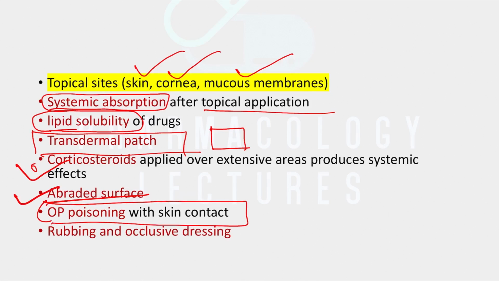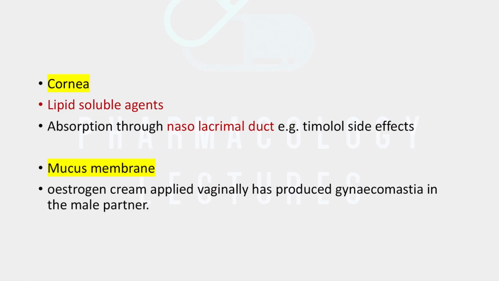They spray organophosphorus chemicals on the plants, and because their skin comes into contact with those chemicals, there are chances of gradual absorption, and it damages their nerves and skin. So these are the different factors that affect absorption through the topical site.